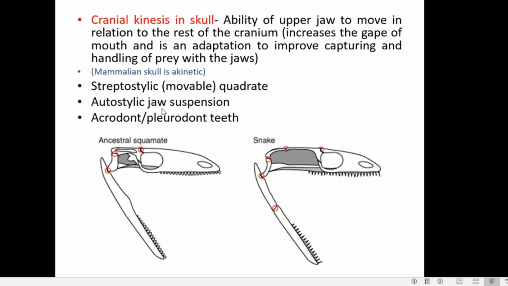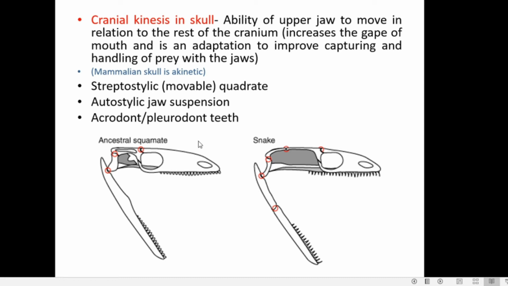The jaw suspension is autostylic, which is typical of all reptiles. As for teeth, in some squamates they are acrodont and in some pleurodont, whereas in chelonians there are no teeth, an edentulous condition. In crocodilians the teeth are thecodont, whereas in order Squamata the teeth can be either acrodont or pleurodont.